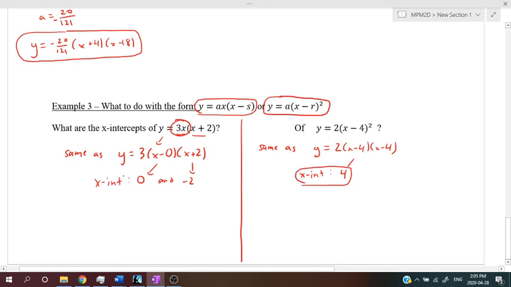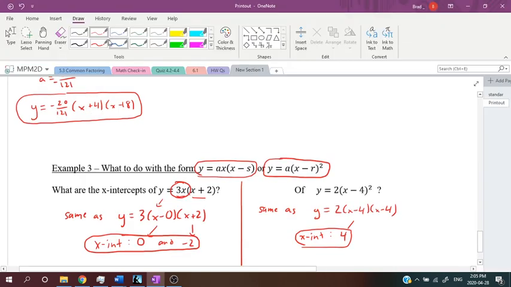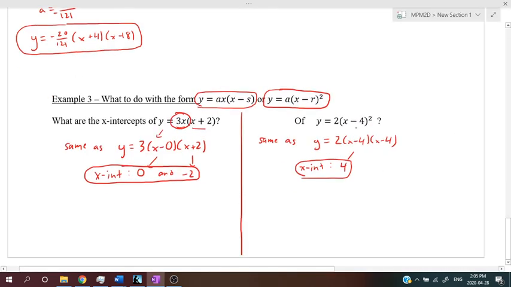And we know if there's only one x-intercept, that x-intercept must actually be the vertex. So what's neat about this is that we already knew the vertex was implicated here. So yes, we could think of this as kind of a version of factored form, but we also know that it's also this form, right?